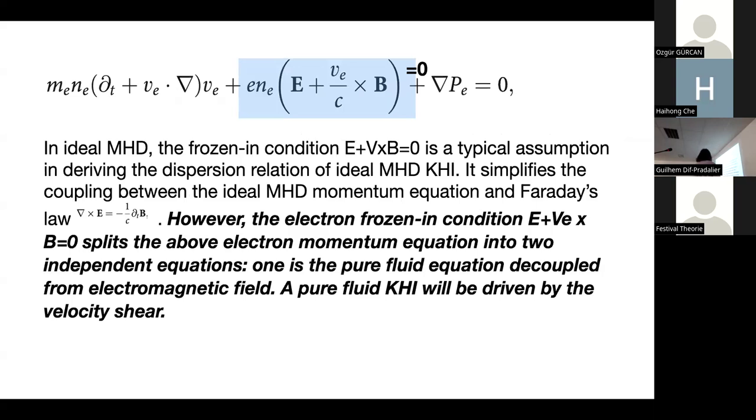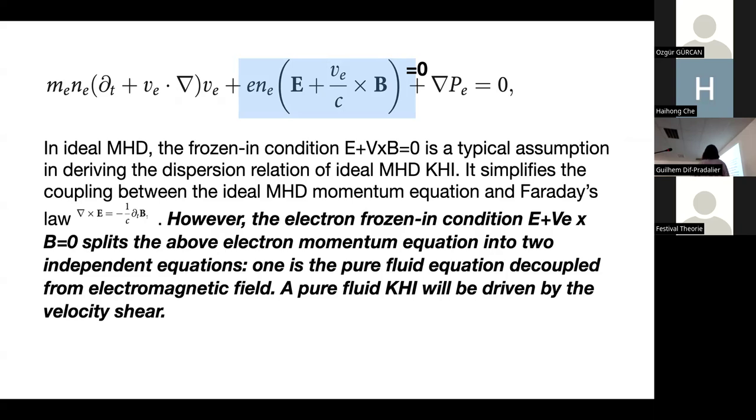Now, if we look at the electron dynamics, what would happen if the frozen-in condition still holds? This term goes to 0. So the frozen-in condition splits the momentum equation into two independent equations.